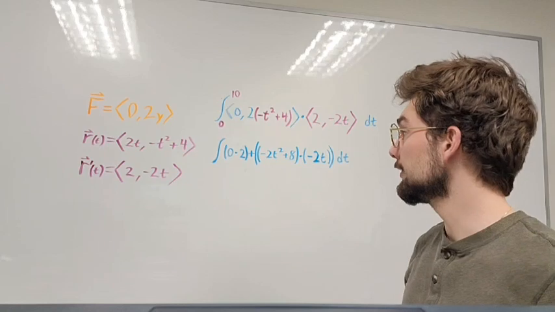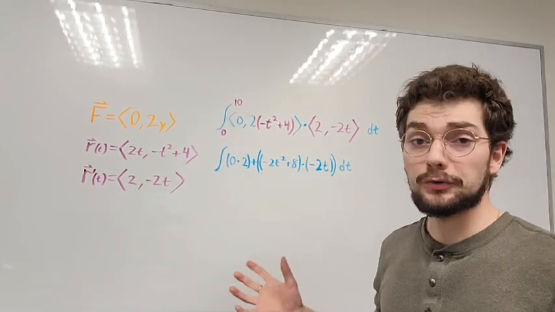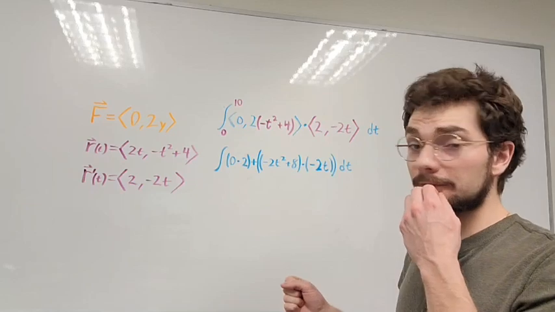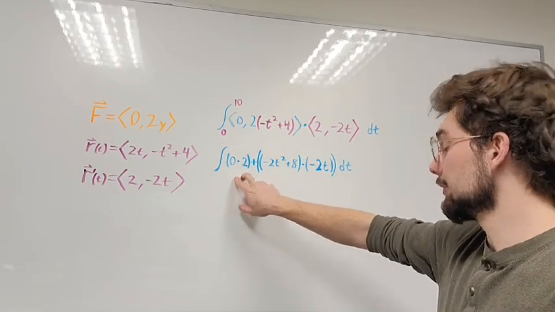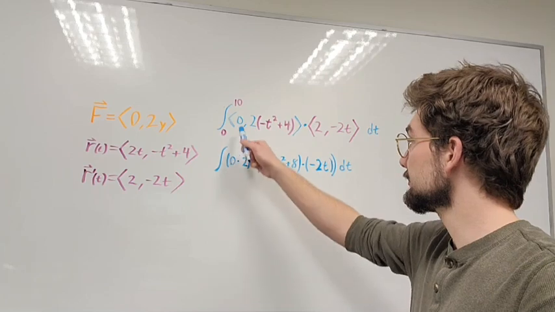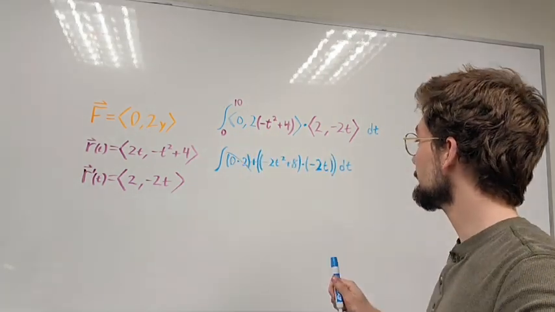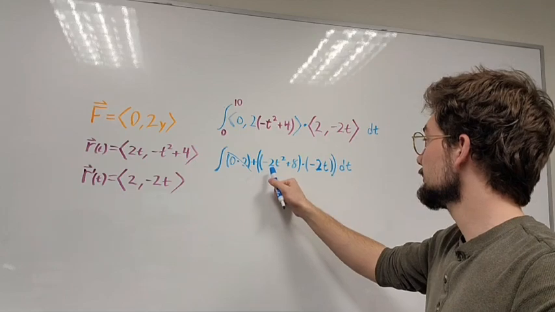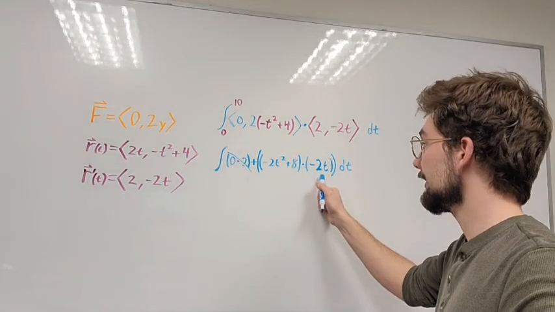All right, so this next step that I just did was just doing the dot product of these two vectors. Our first component is going to equal 0 because it's 0 times 2. So it ends up that our dot product is just 2t squared plus 8 times negative 2t.